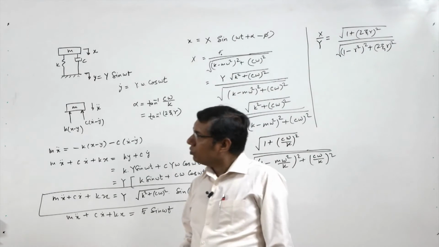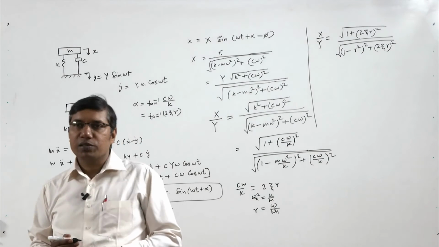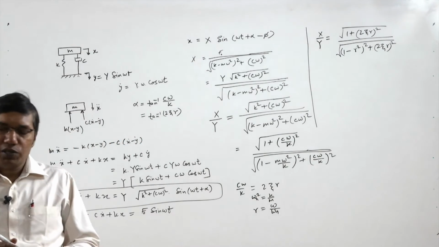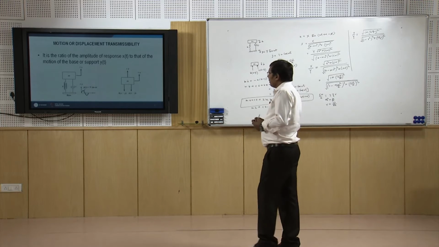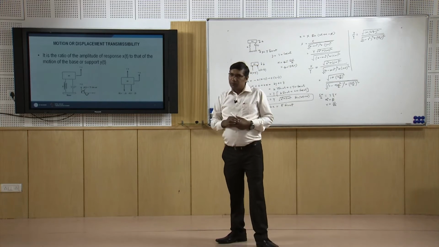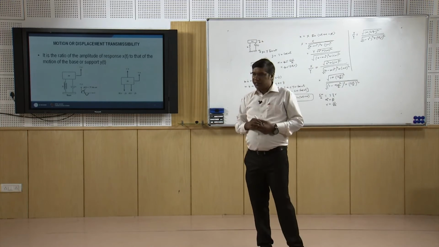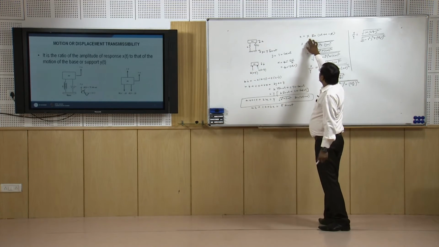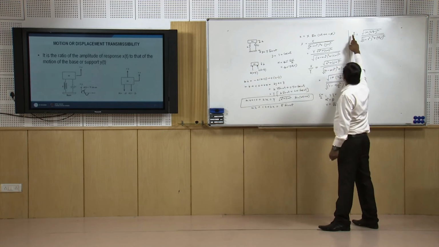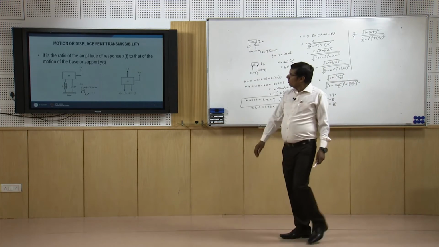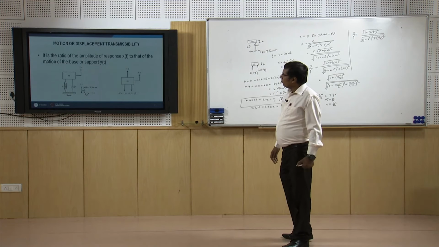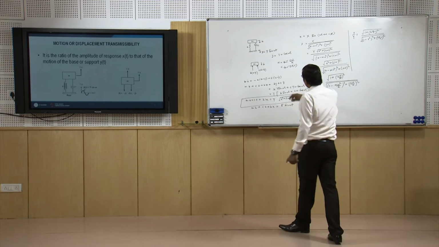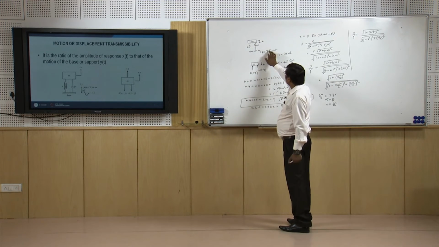And according to the definition of the displacement or motion transmissibility, we say that it is the ratio of the amplitude of the response xt, which is capital X, and that of the motion of the base. The motion of the base is y sin omega t, so the amplitude is y.